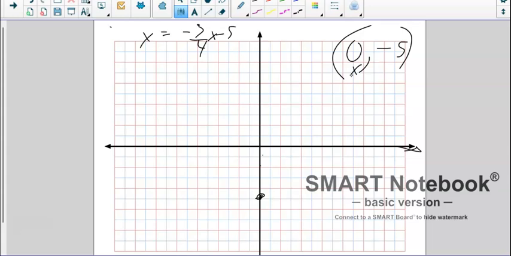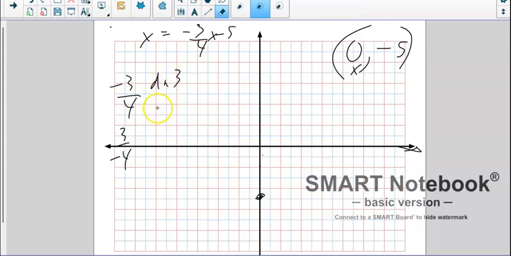And then I'm going to move -3/4, or 3/-4, same thing. What this means is down 3 and right 4. Or I could go up 3 and left 4.